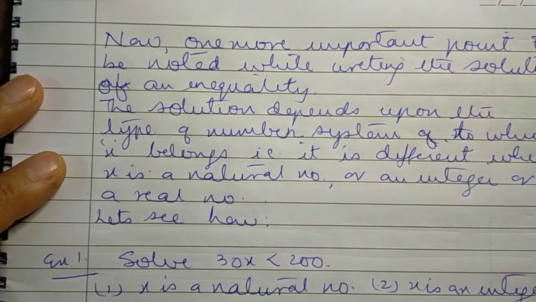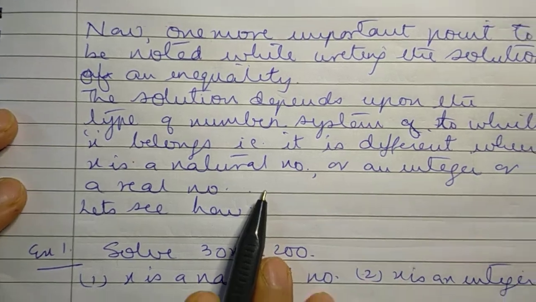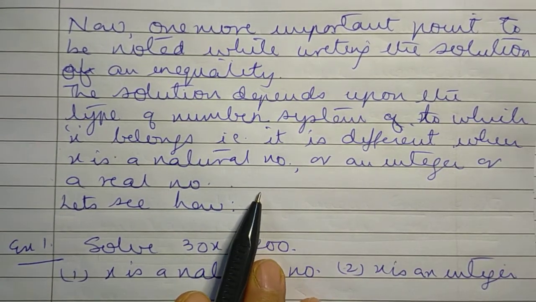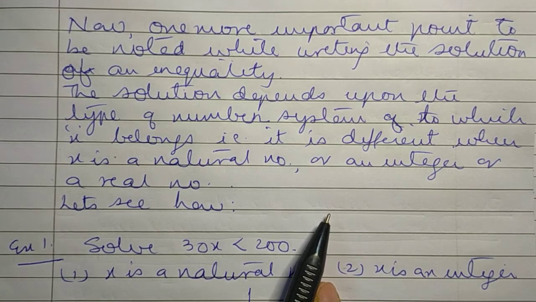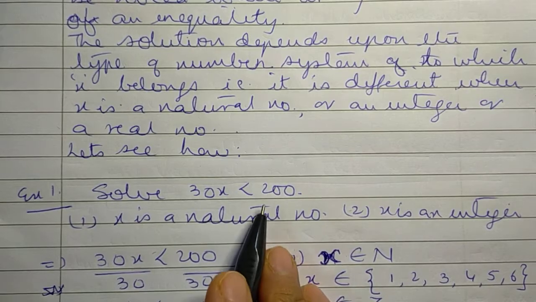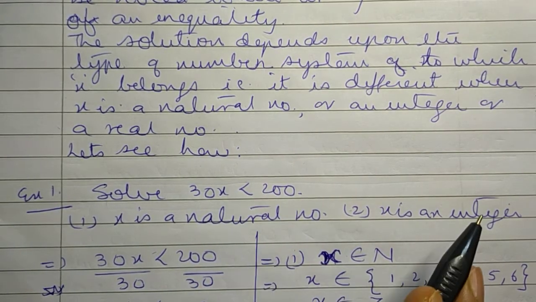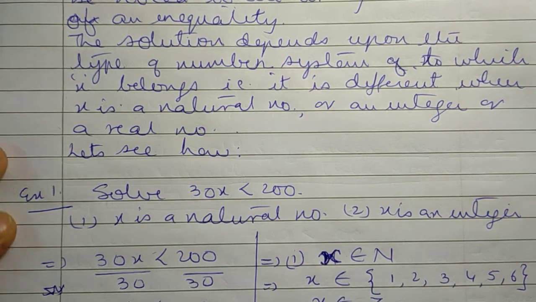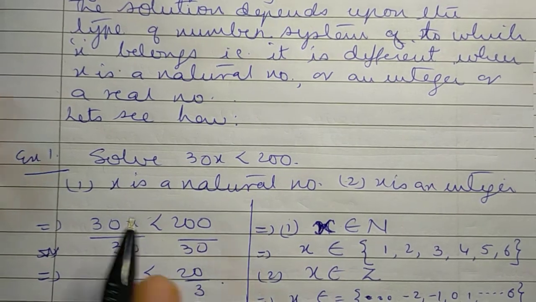That is, it is different when we choose x to be a natural number, different when it is an integer, and yet another different result is given if we choose it to be a real number. So let's first take up the case of x being a natural number and x being an integer. In the next video, I'll take up how to deal with the case when x is a real number.